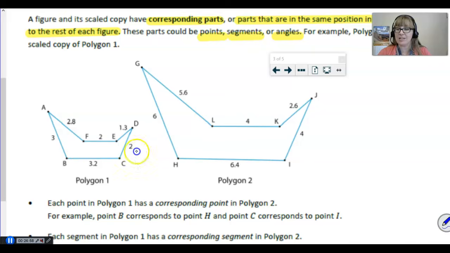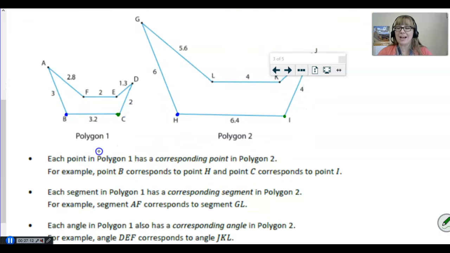For example, B corresponds to H. And C corresponds to I. So each point has a corresponding point in the scaled copy. But that's not all. Each segment also has a scaled copy. So we can see segment AF in our original has a corresponding segment, and that would be GL.